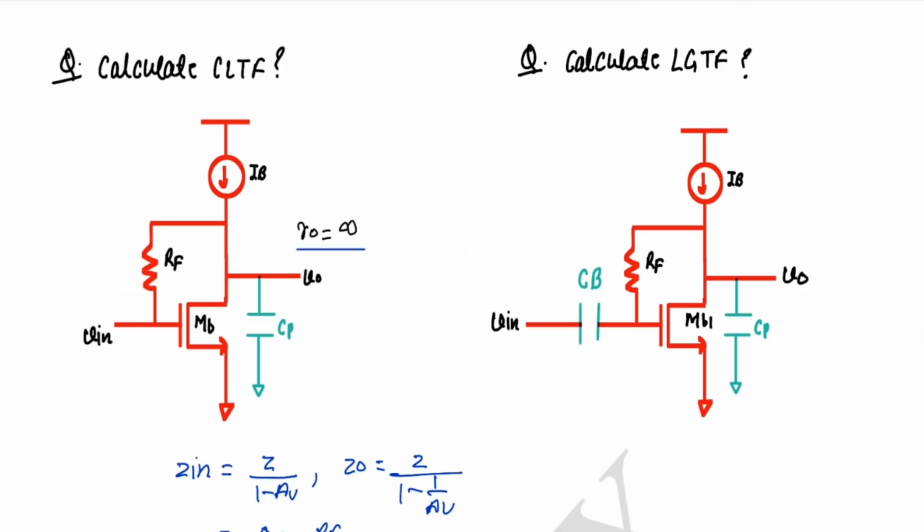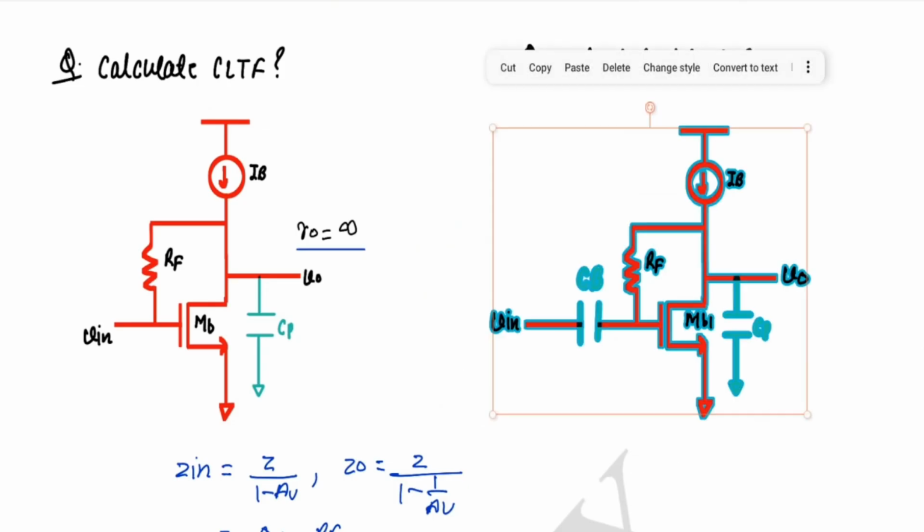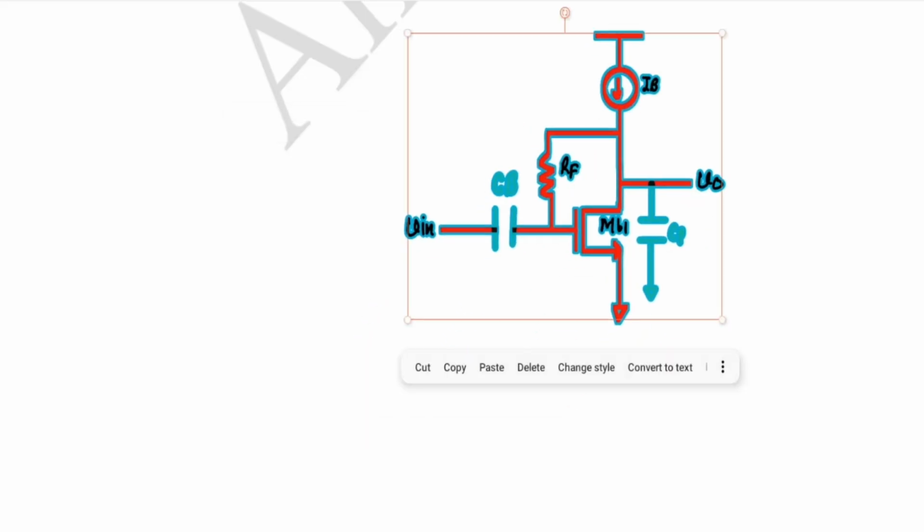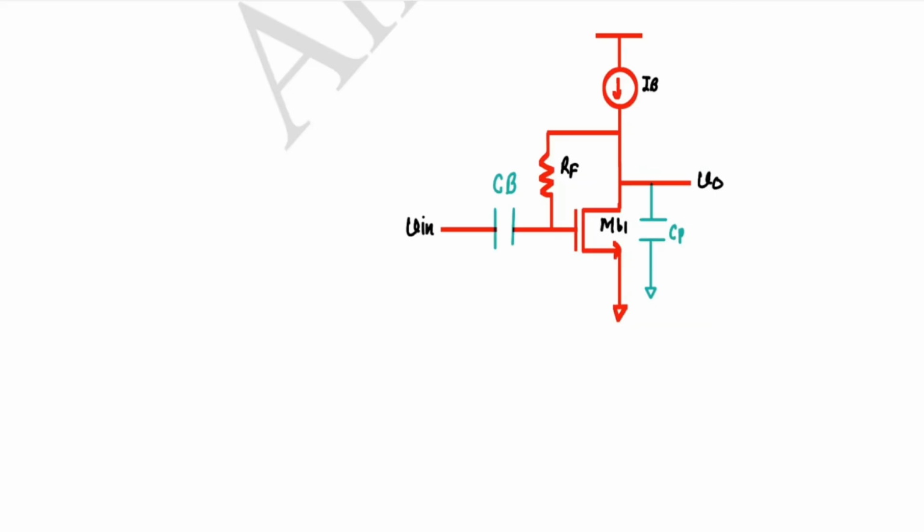So let me copy this circuit. So in this problem we have to calculate the loop gain transfer function. Okay, so by seeing this circuit we can say that RF is the feedback element.